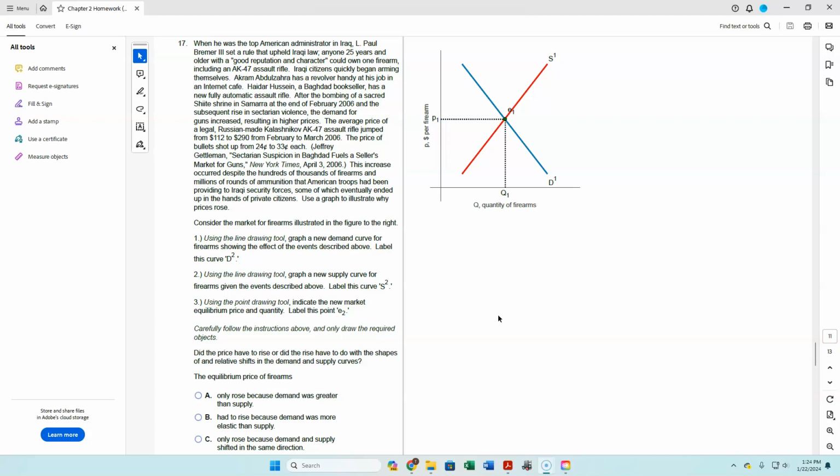And that leads us to number 17. The trick with number 17 is that we have a differential shift happening here.